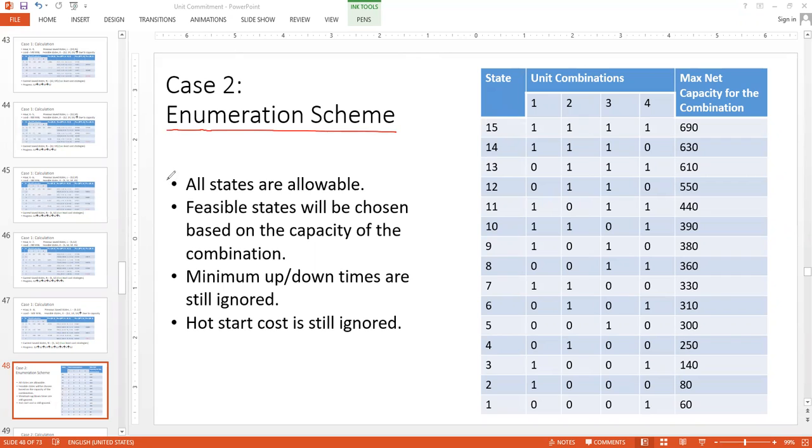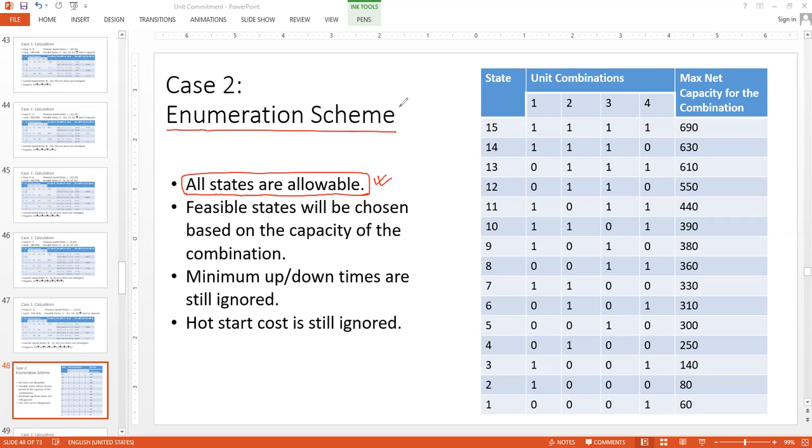There are some features associated with the enumeration scheme. Feature number 1: we are not going to follow any priority list scheme. Rather, we will be allowing all the states to take part in the competition for getting selected. So this is one of the differences.